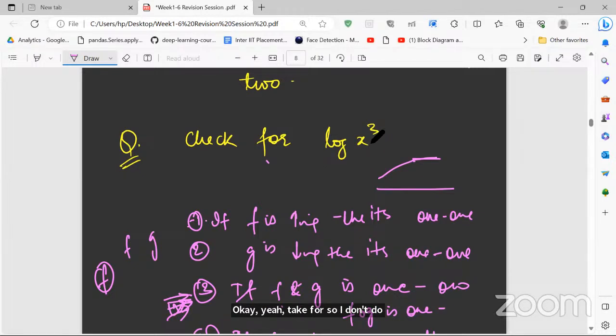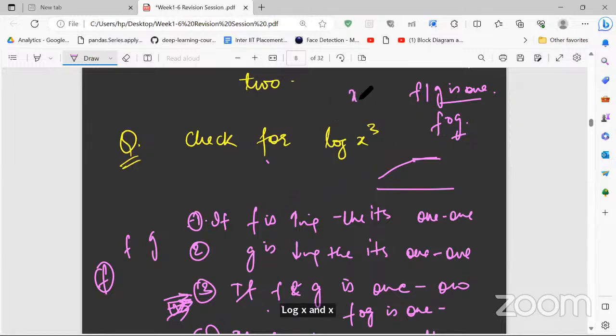Yeah, I'm discussing that. I told you, if f and g are one-one functions, then f of g will be one-one. For this equation, log x cube, what is f and what is g? Can you split it into f and g? Log x and x cube.